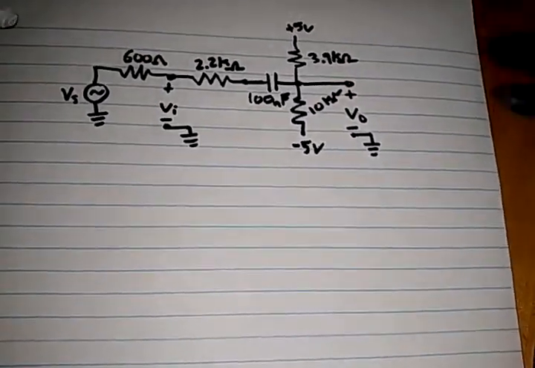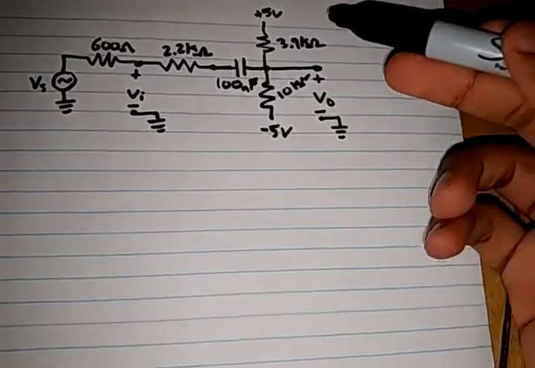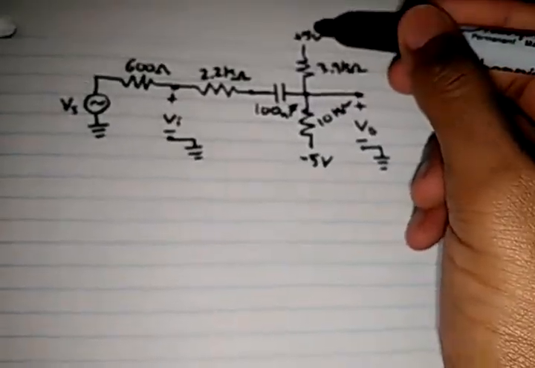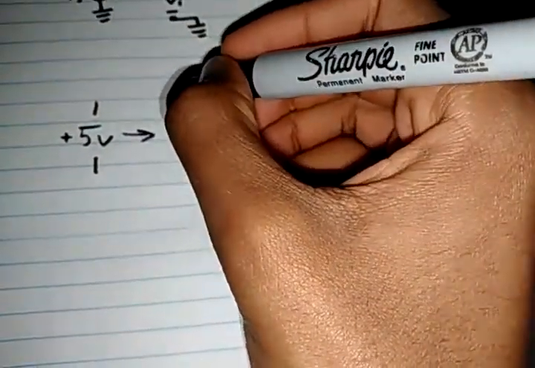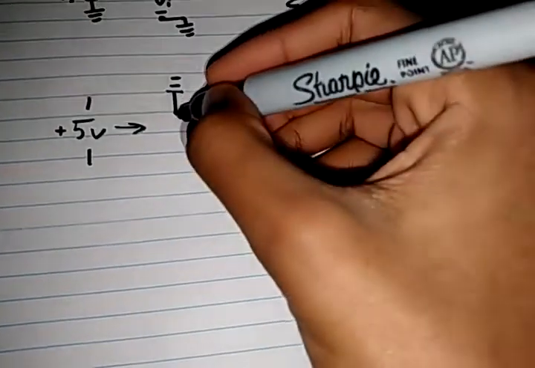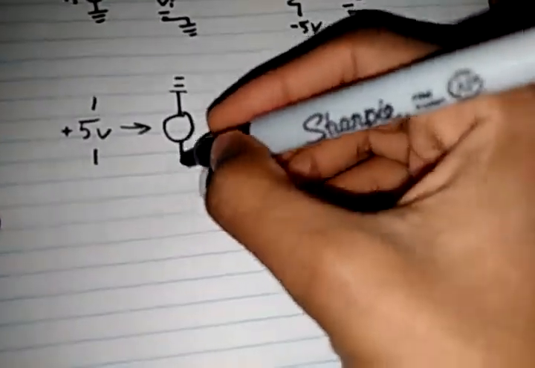To do that, the first thing I would like to do is convert these plus 5 volts to an actual voltage source like this. As we can see over here, we have a 5 volts. Plus 5 volts is the same thing as having a ground node at the top, entering a battery, a voltage source, and then coming out.